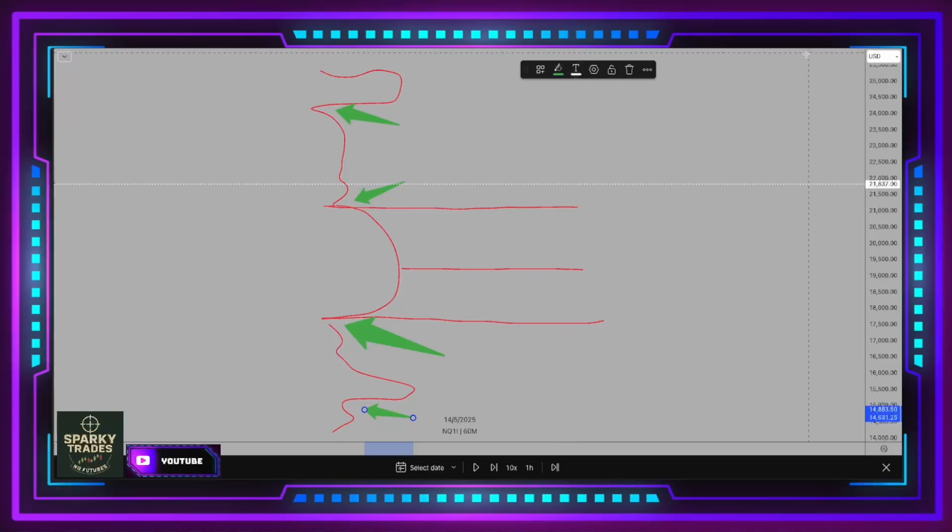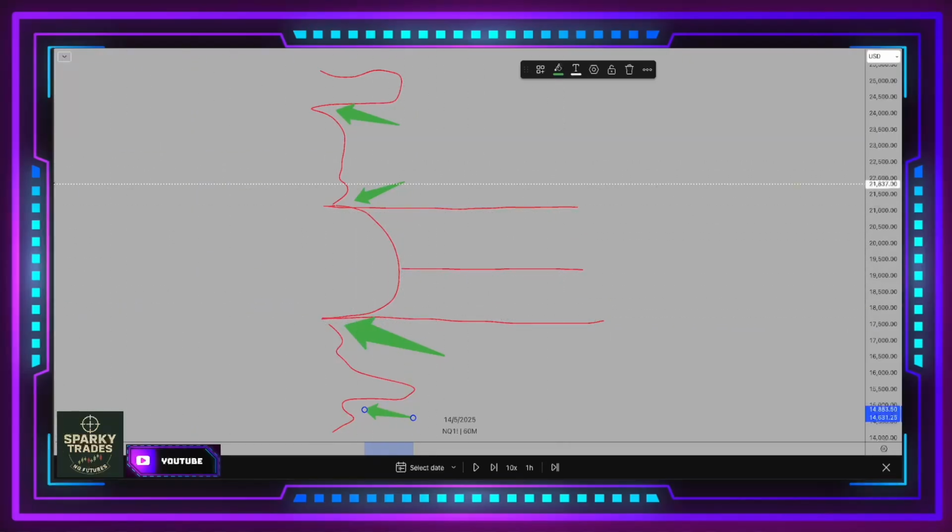Now, these are my favorite levels to trade off of, to hold trades longer instead of just scalping. Especially when they're at the top and the bottom of a D-shaped distribution.